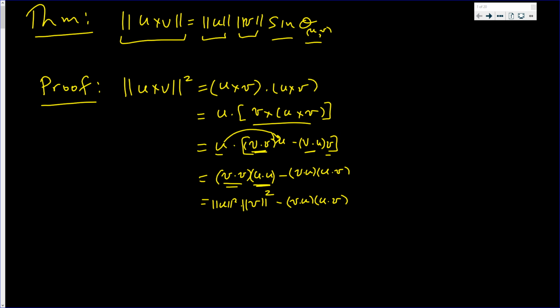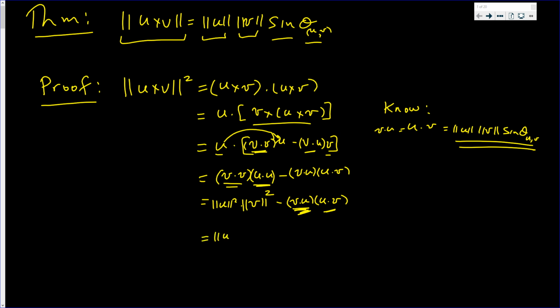Now, we know the following. We know that u dot v is equal to the length of u times the length of v times the sine of the angle between u and v. Well, you know, this is also v dot u. So this is v dot u, and this is u dot v.